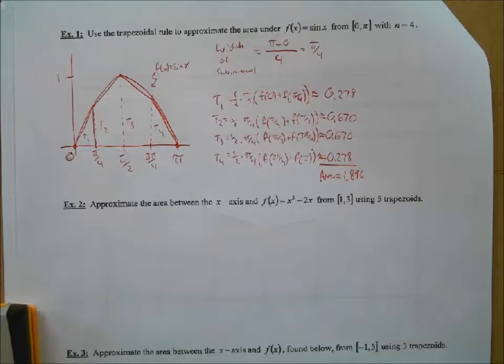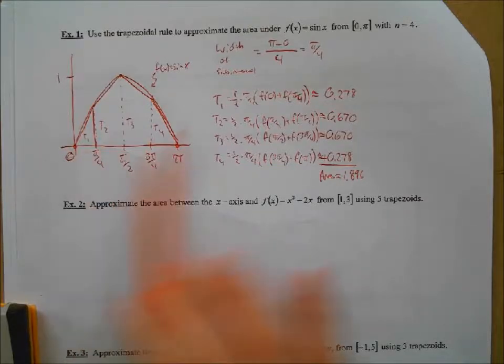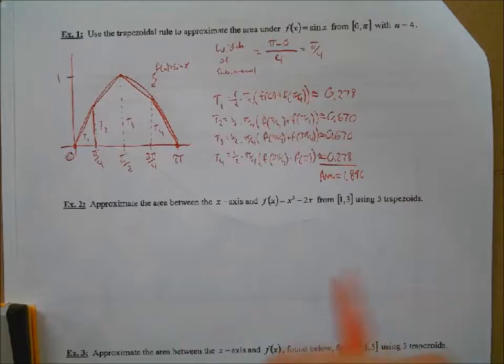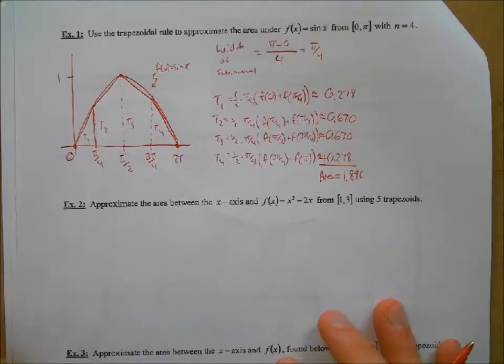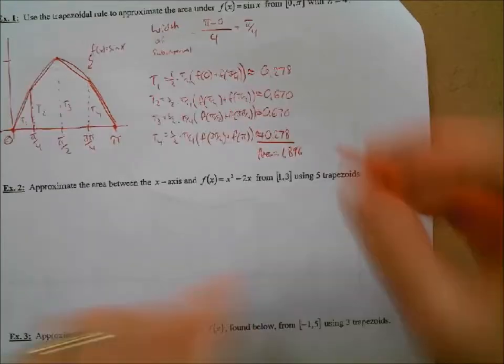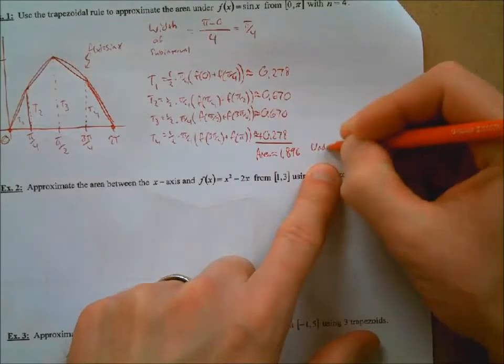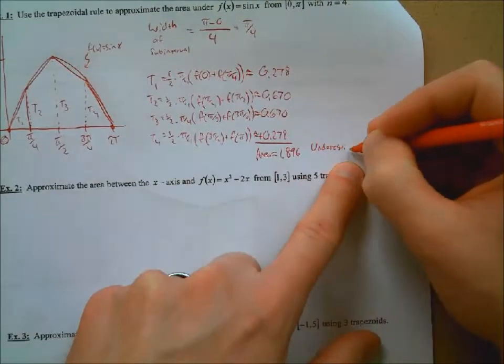And we expect this area to be an over or under approximation? Under approximation. You can see it in the picture, right? You can see in the picture all these trapezoids are just slightly under that curve, but it's specifically an underestimate because of what behavior? Underestimate because f is concave down on the interval.